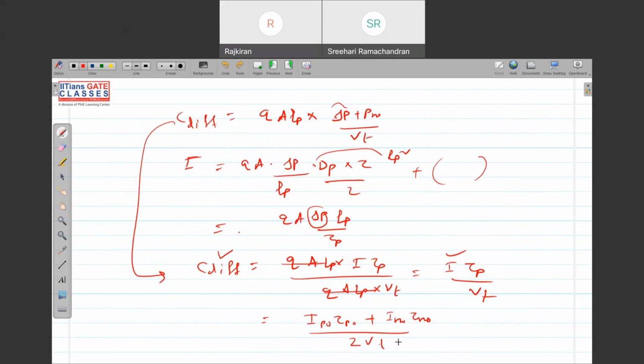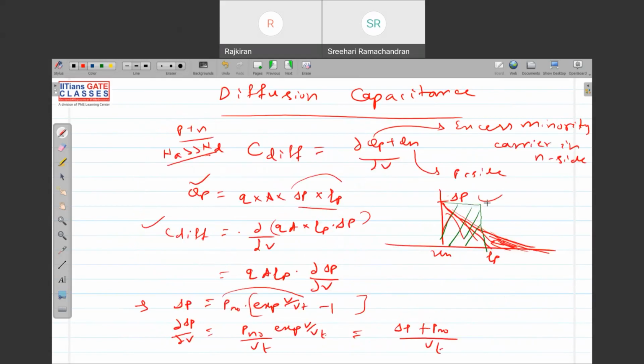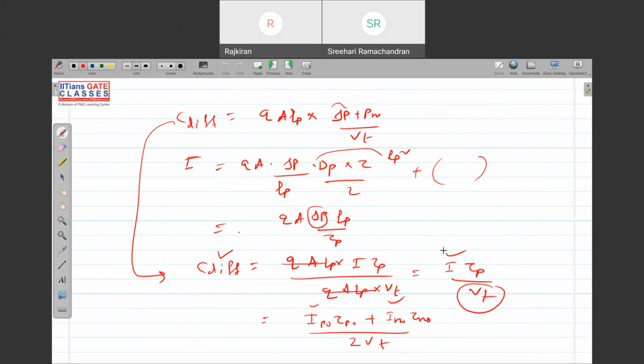The Vt is in the denominator, 2Vt, if both electrons and holes are there. So this is my diffusion capacitance. The summary is that the diffusion capacitance is proportional to the forward bias current.